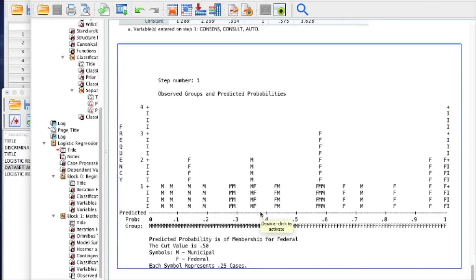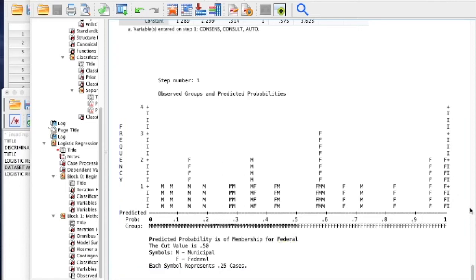So essentially, this gives you that backdoor look at how the model is actually running. If the predicted probability is lower than 0.5, it's going to say that it's municipal. But if it's higher than 0.5, it's going to say that it's federal.